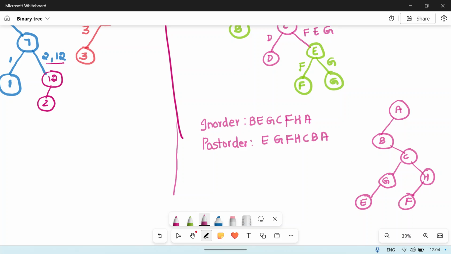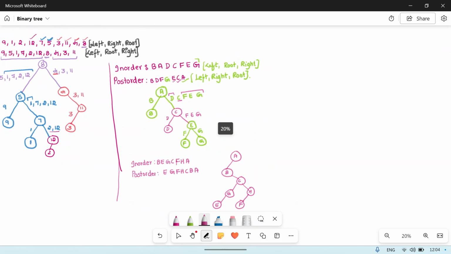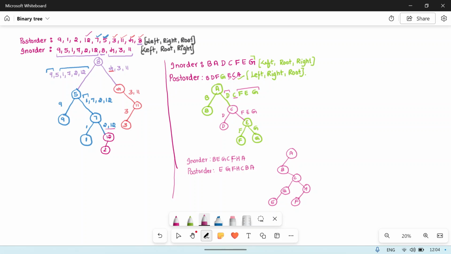Check if your answer is correct. If your answer is correct, I'll assume that you have understood the question. Okay. So this is how you will do the construction of the tree using Inorder and Postorder traversal.